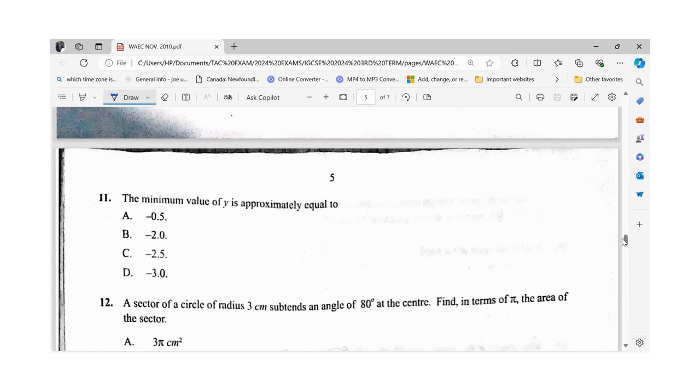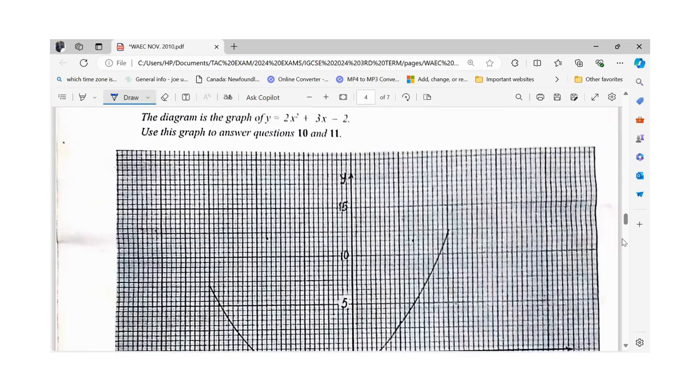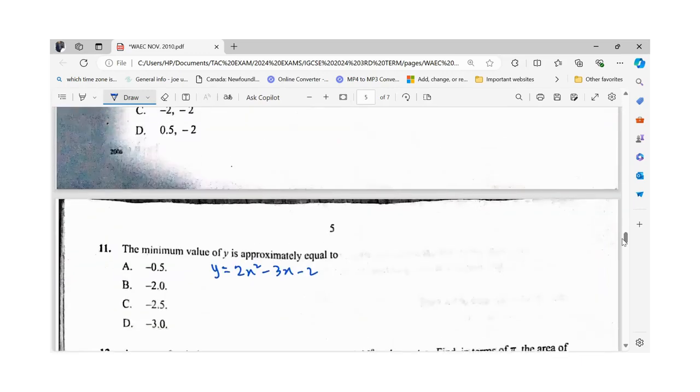Here we are told that y equals 2s squared plus 3s minus 2. So here we are looking for the minimum value of y. What is the minimum value approximately equal to?